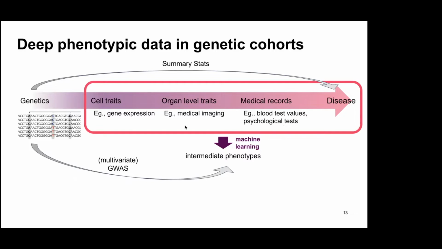So how we do the modeling, and how we integrate all the different data layers to define intermediate phenotypes, many times using machine learning and specifically deep learning, and then performing genetic analysis of these intermediate phenotypes using the results from GWAS available through summary stats, and using the results of genetic analysis of these intermediate phenotypes to really understand what's the likely causal direction between those and really unravel disease.